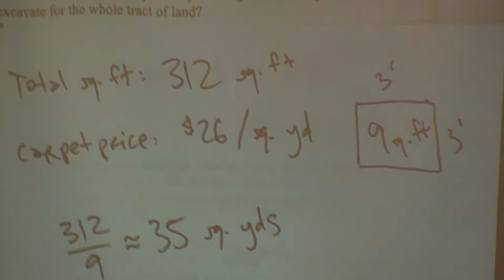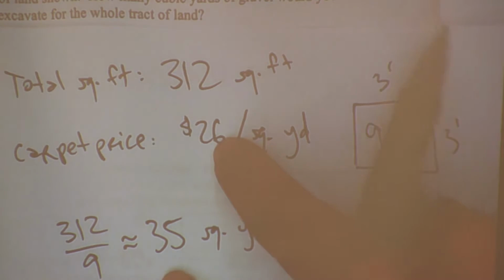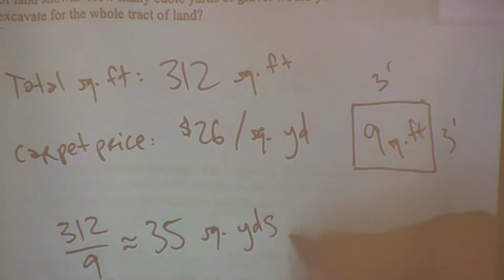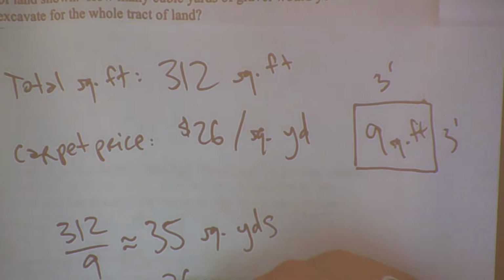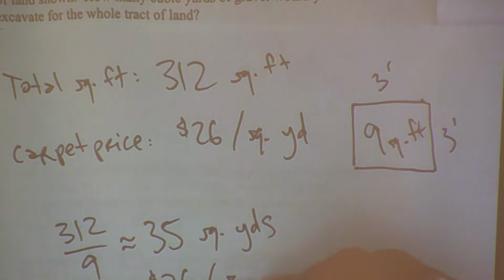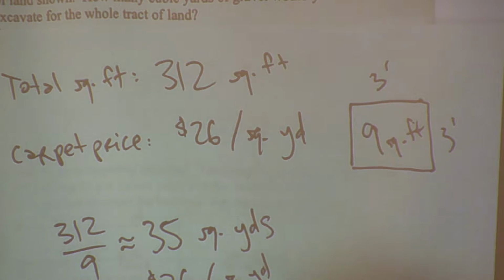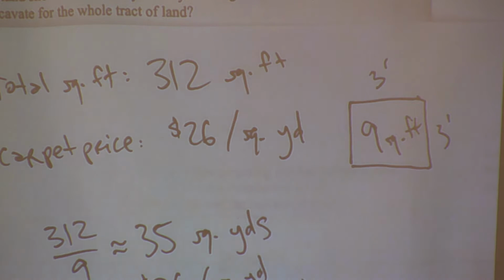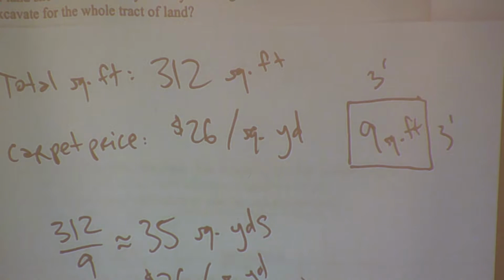So if it's 35 square yards at 26 bucks per square yard, I'm going to do 35 times 26, and I get my actual answer of $910 approximately. Okay, so it's approximately $910.